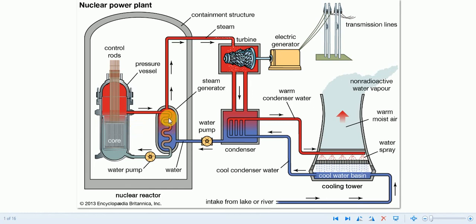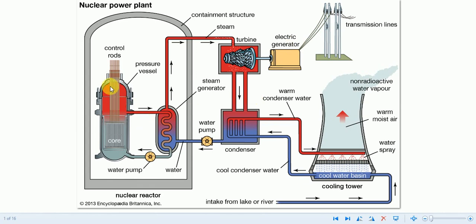Again steam is released with great force and pressure. Then the turbine is rotated, it is connected with the generator, and electricity is produced. So except for the nuclear reactor section, the others remain the same as those of the thermal power plants.